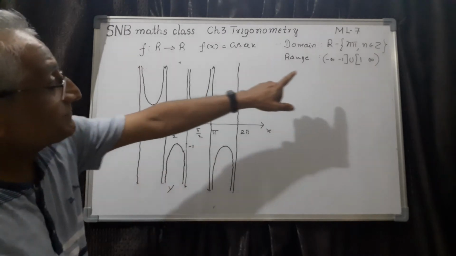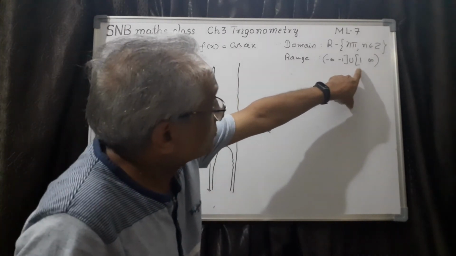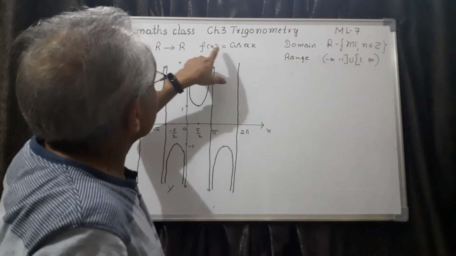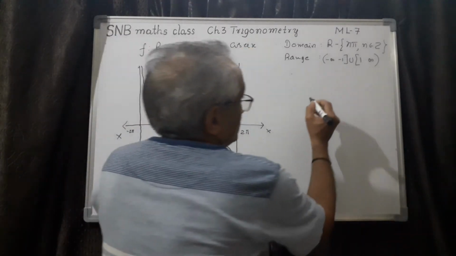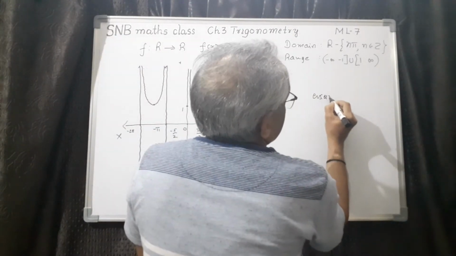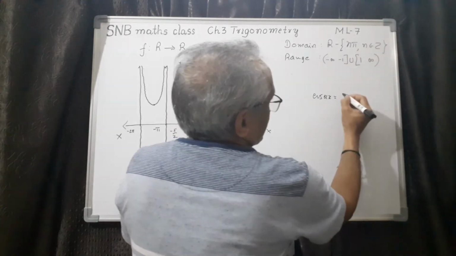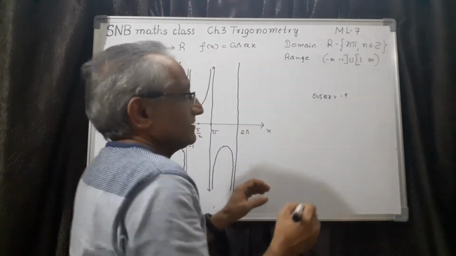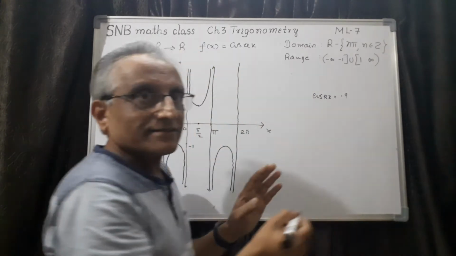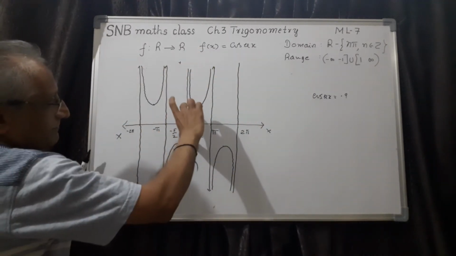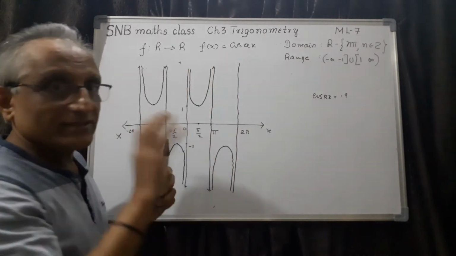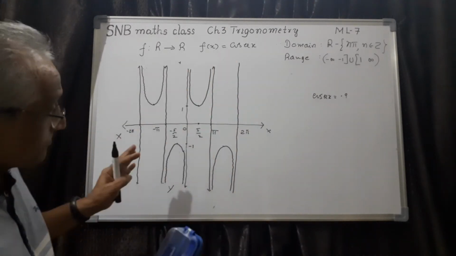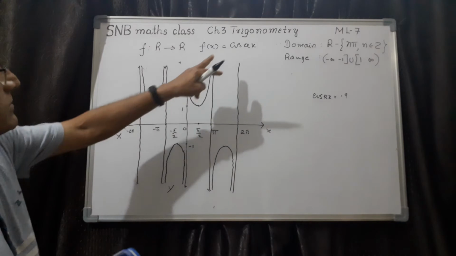And another thing is, between minus 1 and 1, cosecant x cannot take any value. For example, there is no meaning in saying cosecant x equals 0.9. It is not possible, plus or minus. You can see here, between these two, there is no value taken by this curve. So, these are the important observations with respect to cosecant x.